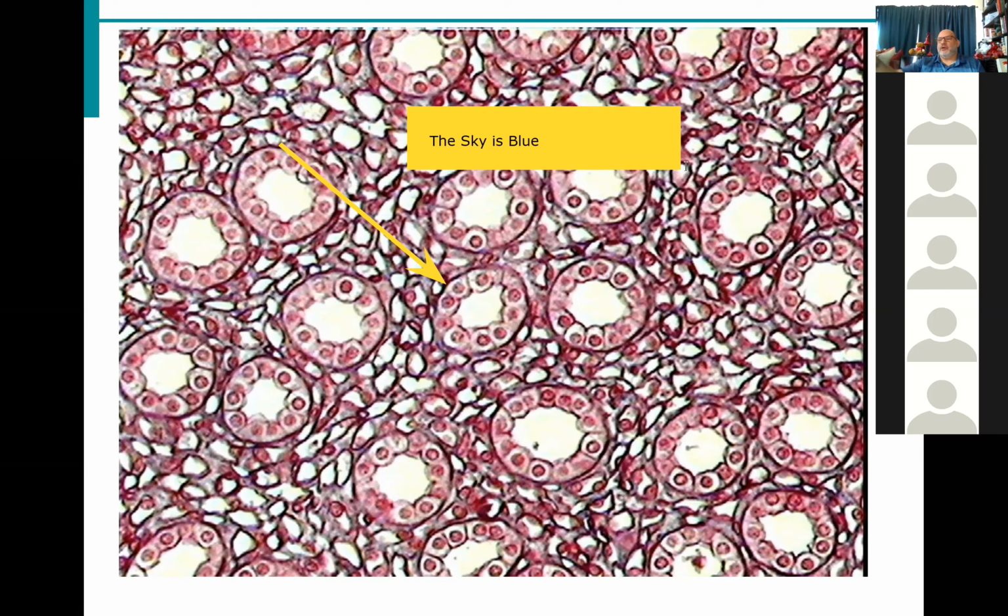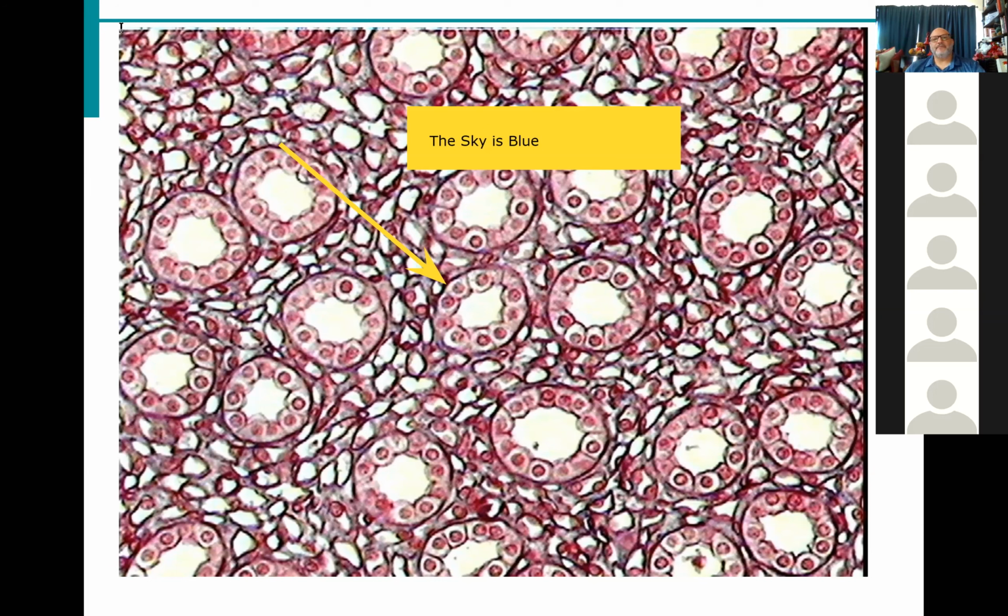When you get to pre-med, med school, kinesiology, or a nursing program, that's when you learn about when the sky is gray and purple and black. But here in A&P, the sky is blue. For us, basal lamina and basement membrane are completely interchangeable terms.